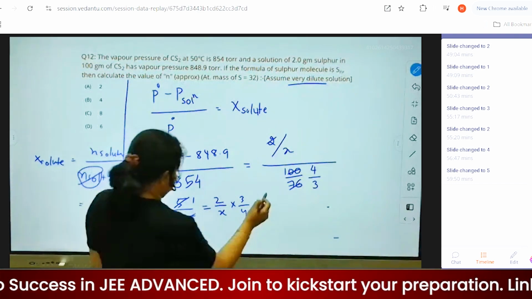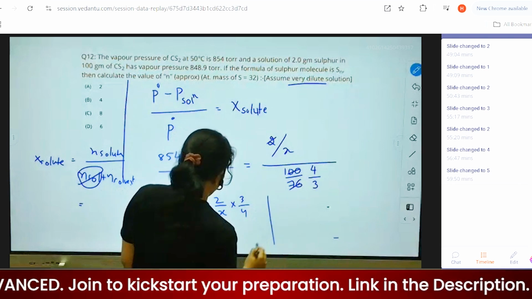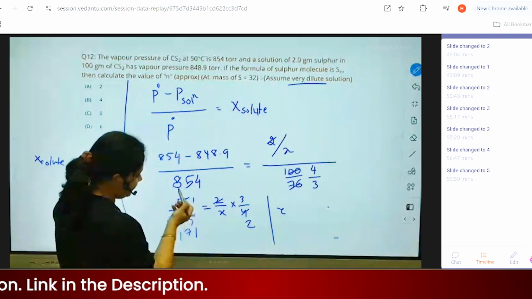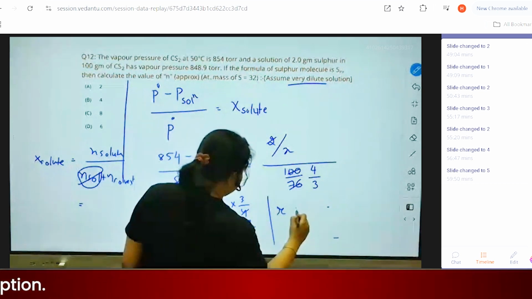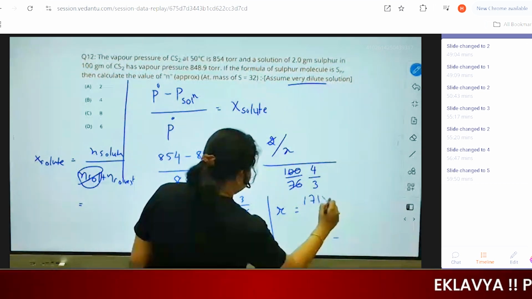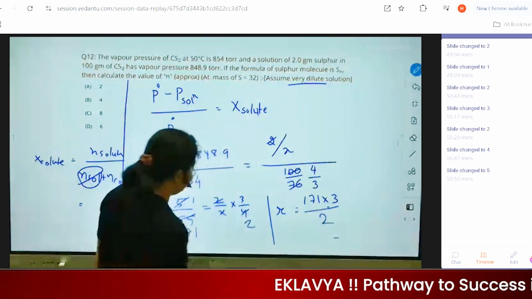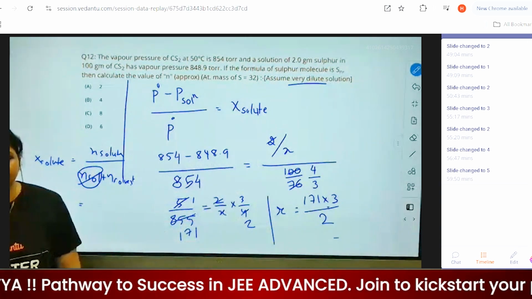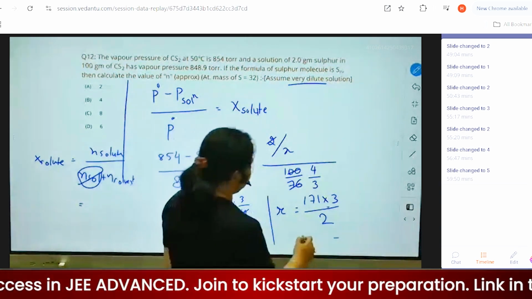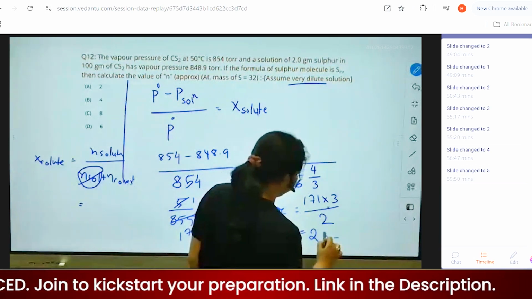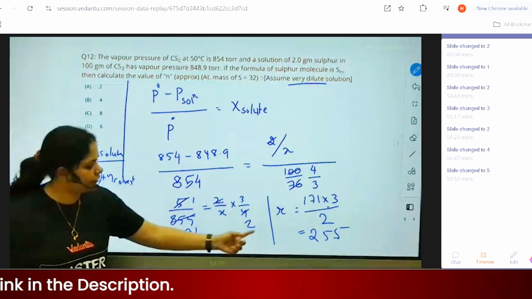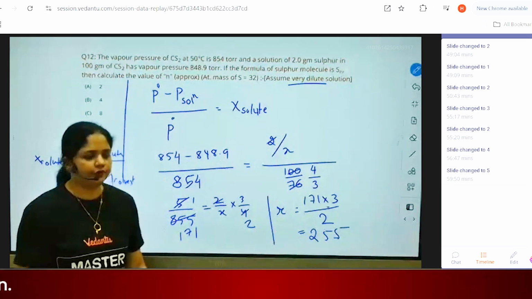Okay, fine. So X goes up. X is equal to 171 into 3 divided by 2. If we calculate this, it comes out to be 255. So the total molar mass of sulfur is 255.